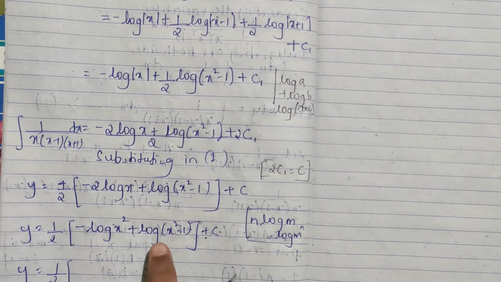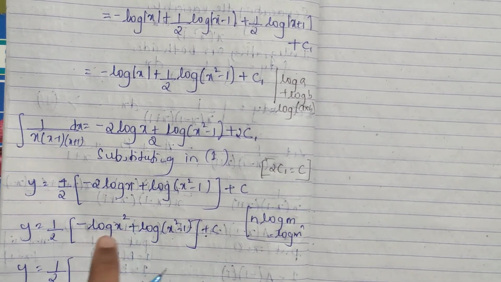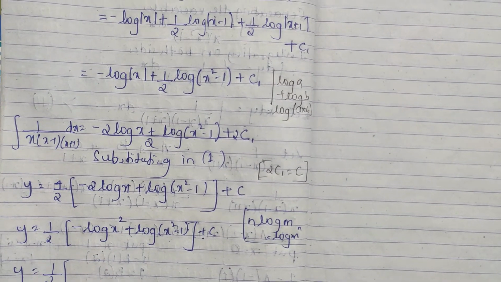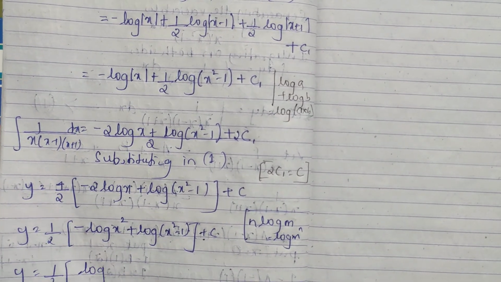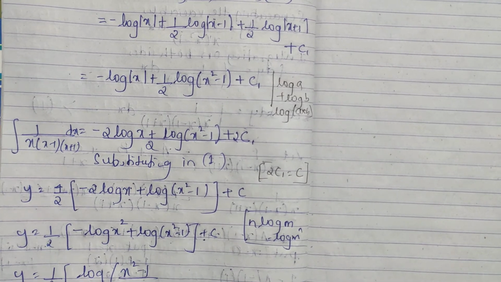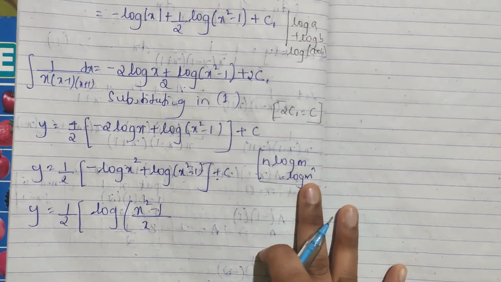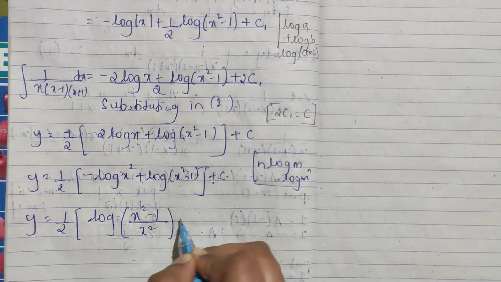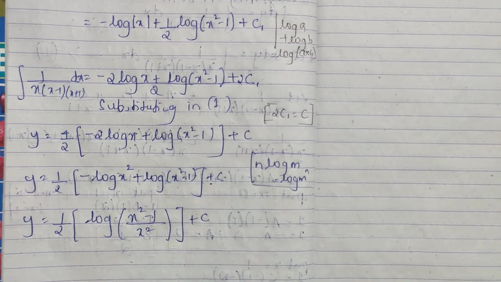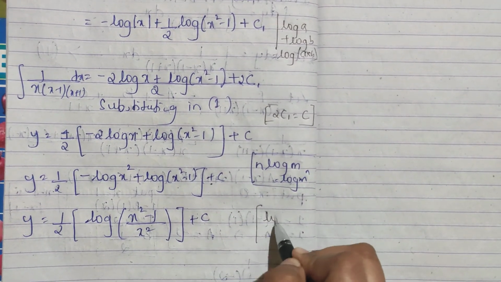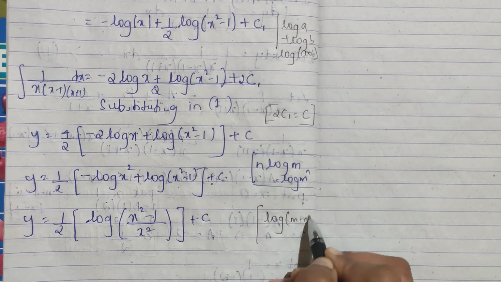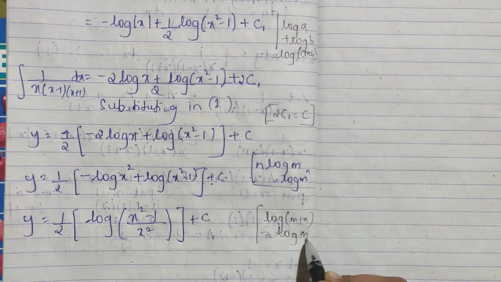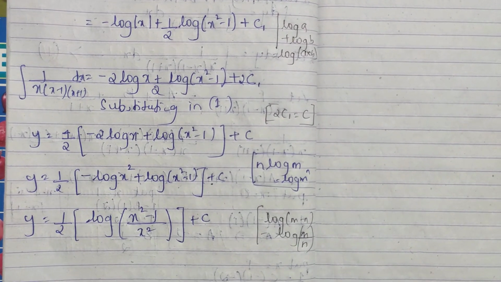See, this is log m minus log n, so this becomes log m by n. Even here you have the log property. Log m minus n is what? Log m by n, right? So we have used it.